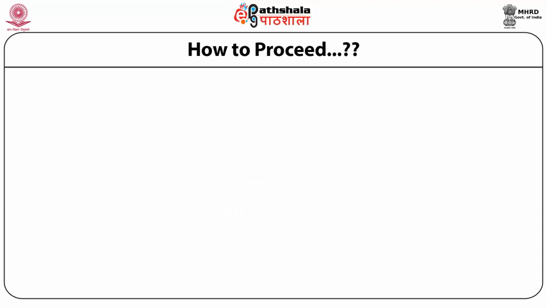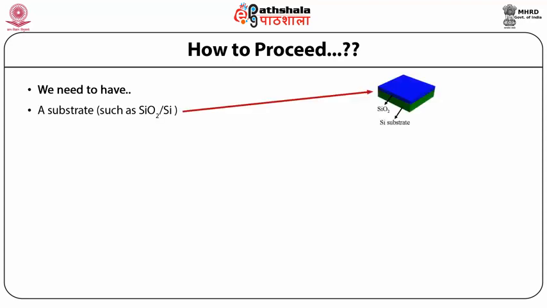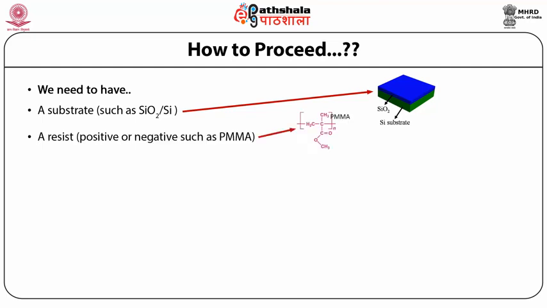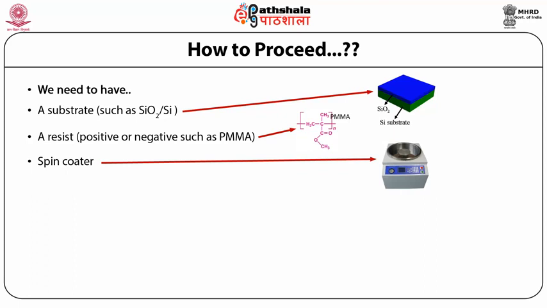Now students, let us discuss how to proceed to do electron beam lithography. First we need a substrate such as SiO2 over silicon, and then a resist which can be either positive or negative such as PMMA, then a spin coater.